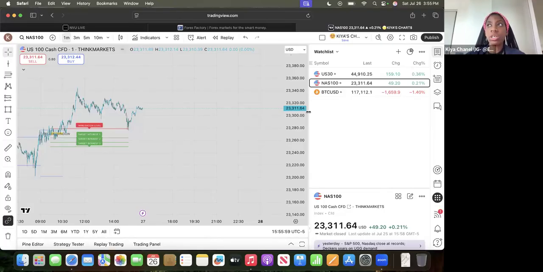If NAS 100 doesn't have a trade setup come out on the 1 minute, the 3 minute, or the 5 minute, okay, it looks like I'm not trading NAS 100 today, then I might go to Bitcoin.